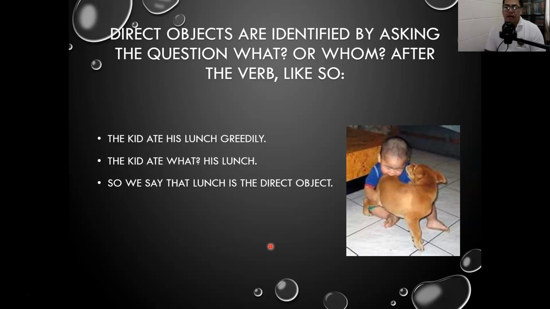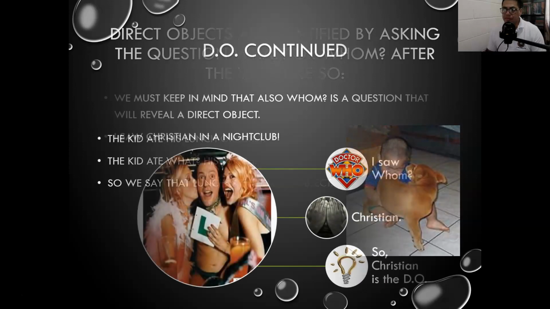And in order to find the direct object, we need to ask either of two questions: whom, or what, right? If we get an answer to these questions after the verb, then we say we have a direct object.